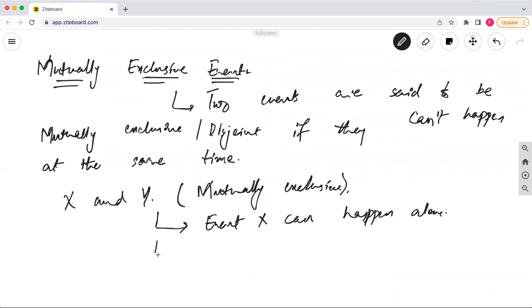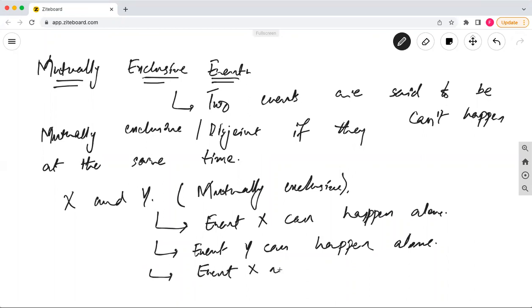The next thing I can say is that event Y can happen alone, can occur alone. Can I say that event X and event Y can occur at the same time, based on both of these being mutually exclusive?